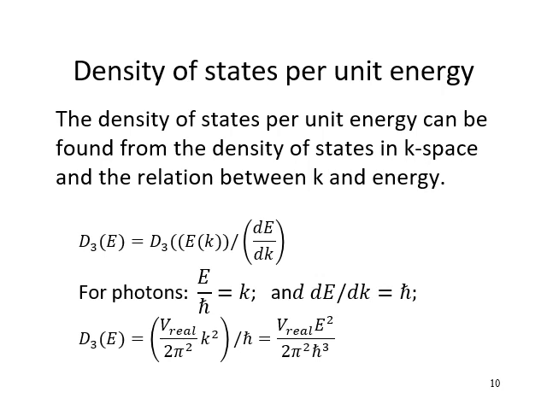For photons, for example, k is equal to E over h bar, and dE/dk is equal to h bar, because E is equal to h bar k. So then, writing that out, our density of states in k space was the real volume of the sample divided by 2 pi squared, times k squared.